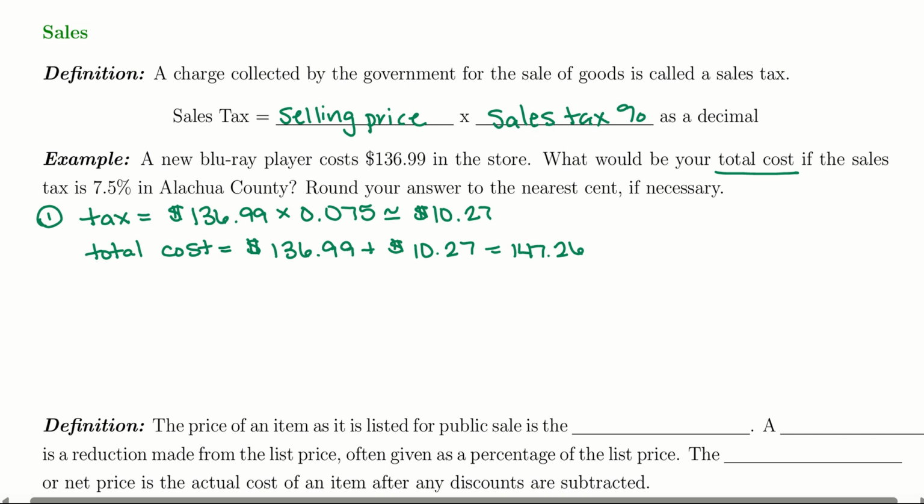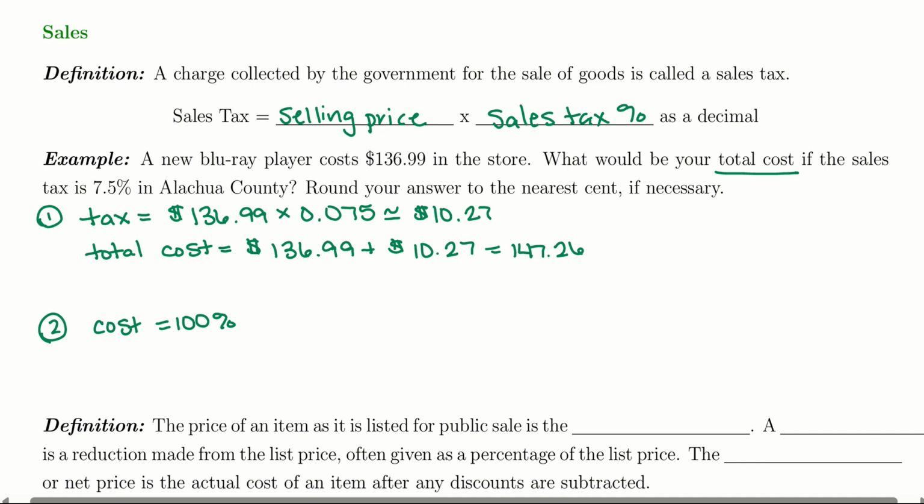The second method is to combine this into one step. And so if we know the Blu-ray player costs $136.99, the Blu-ray player cost is 100% of the cost.